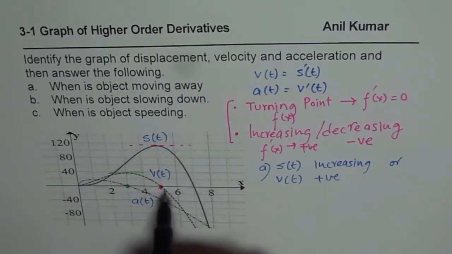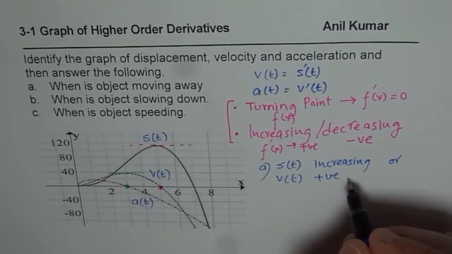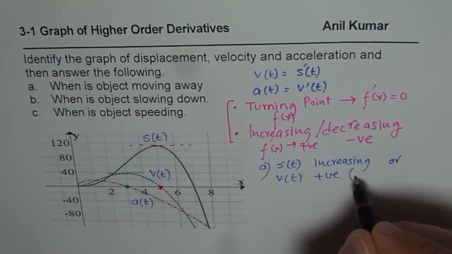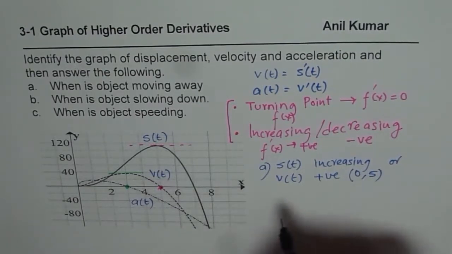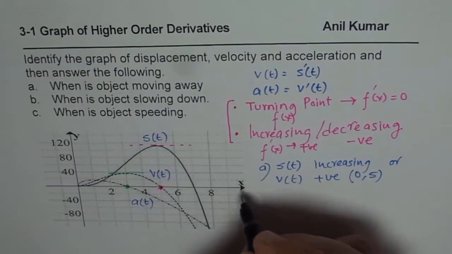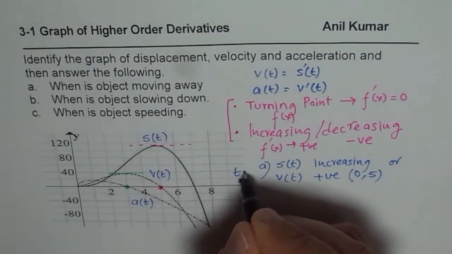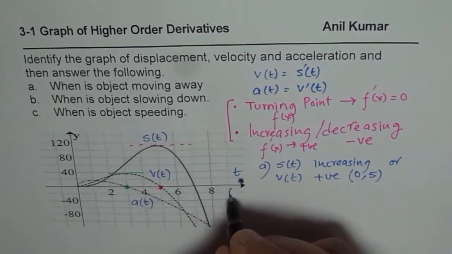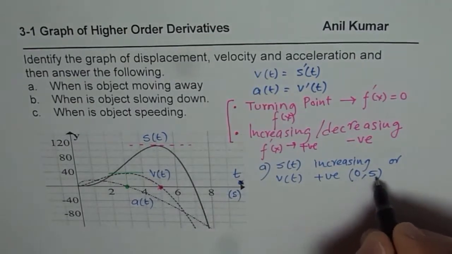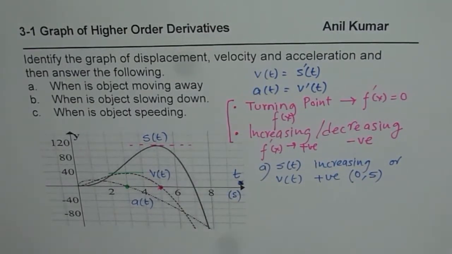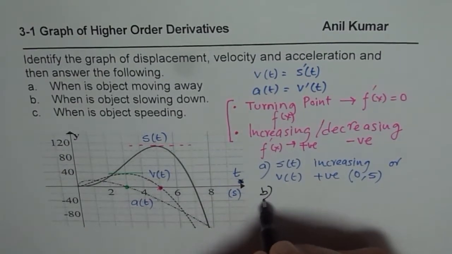From 0 to 5, the object is moving away. Since I wrote t, let me change this to t, the independent variable, and also write seconds. So it will be 0 to 5 seconds. Is it okay?